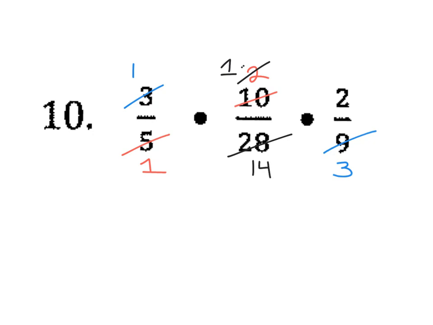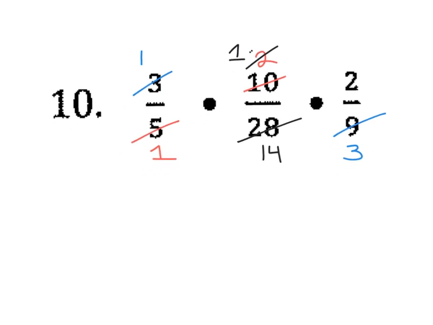It's important to be really neat with this simplifying so you don't make silly mistakes. Can you see the last place we can simplify? I think it's right here. We can divide 14 and 2 by 2. 14 divided by 2 is 7. 2 divided by 2 is 1. Okay, so we've done as much as we can do.